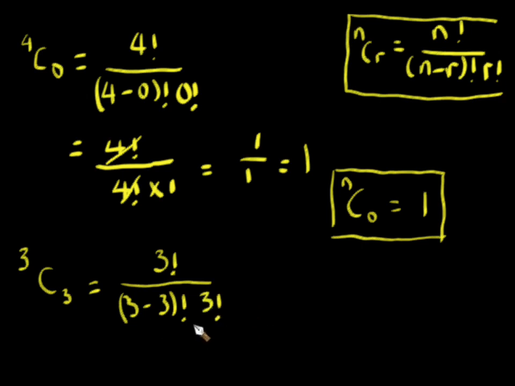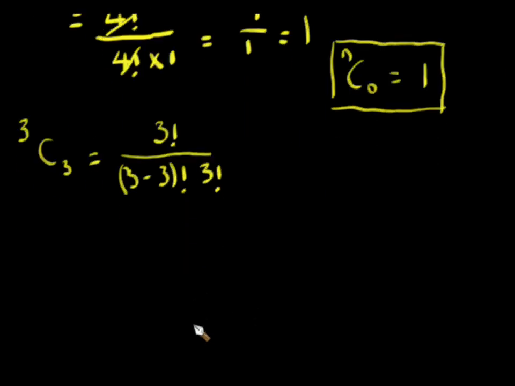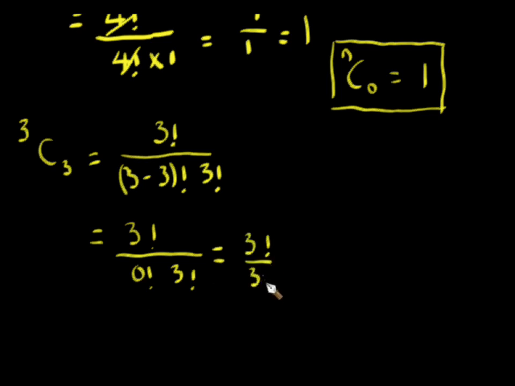At the denominator we have 3 minus 3, which gives us 0 factorial multiplied by 3 factorial. We know that 0 factorial gives us 1. So this gives us 3 factorial over 3 factorial, which cancels out, and in the end, we are left with 1.